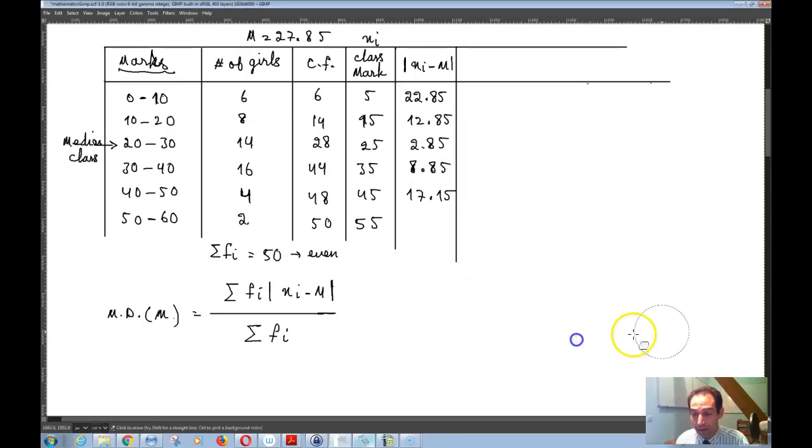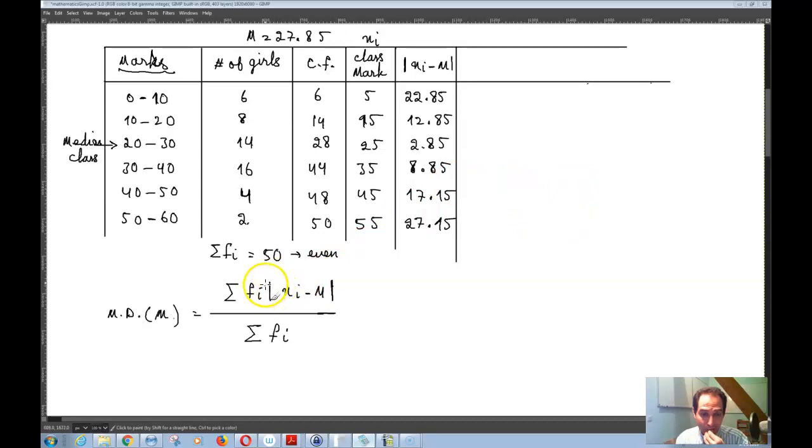Then the next one is 55 minus 27.85, which is 27.15, since this number has been raised by 10 units.